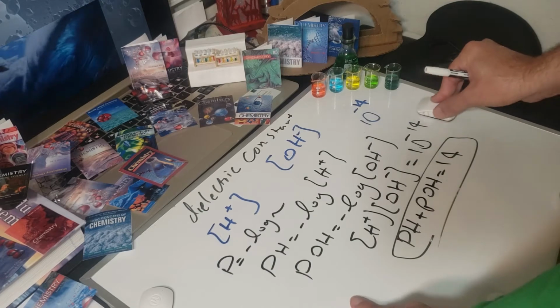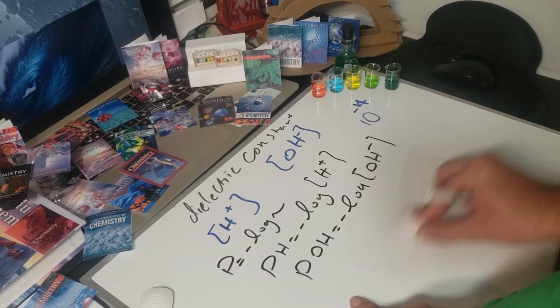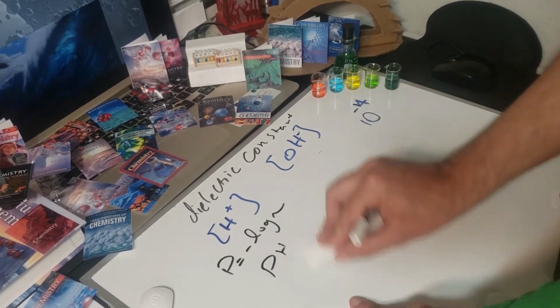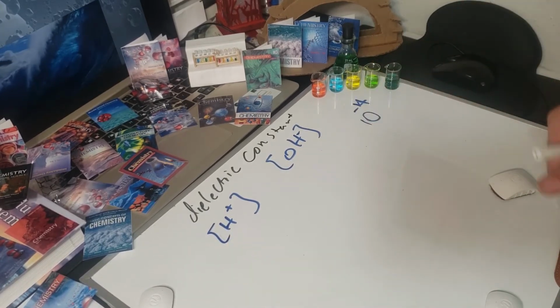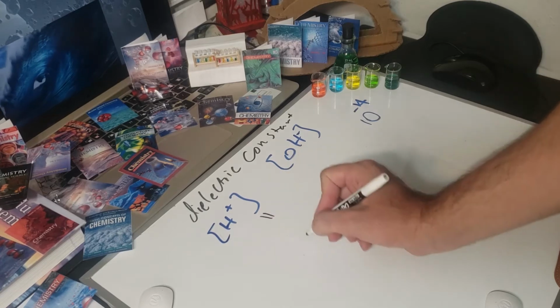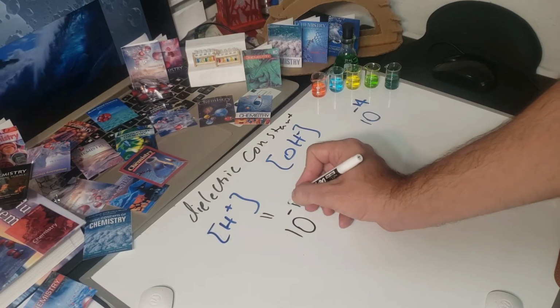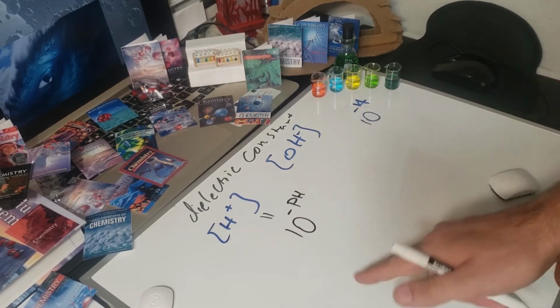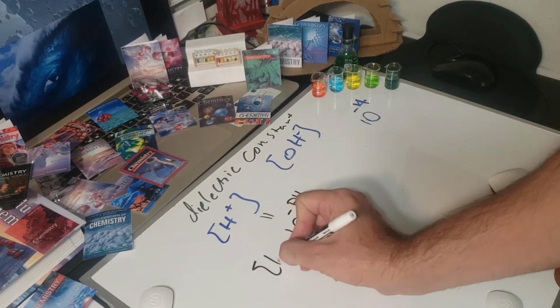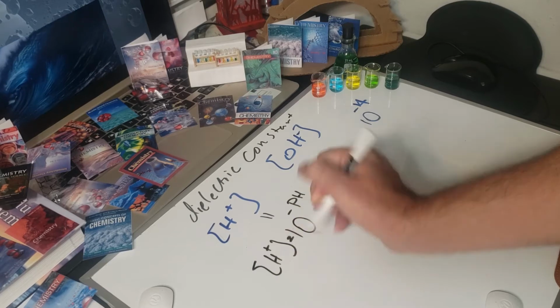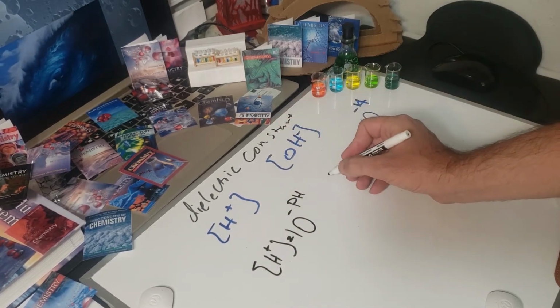There are also two more things to know about this, and that is, how do I compute the concentration of H plus or OH minus if I have the pH or pOH? That would be 10 to the power of minus pH, so this would be the concentration of H plus. And you could do the exact same thing.